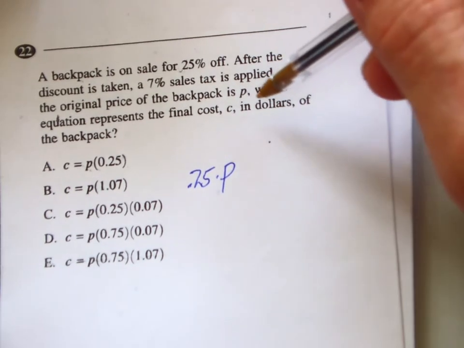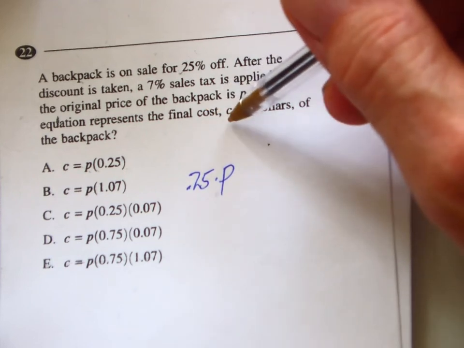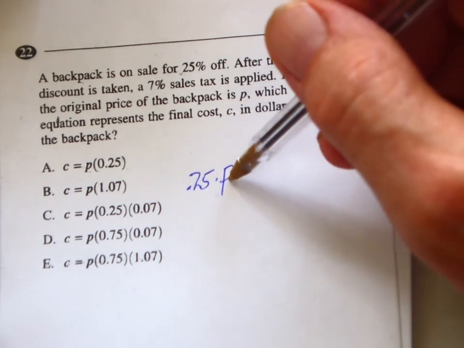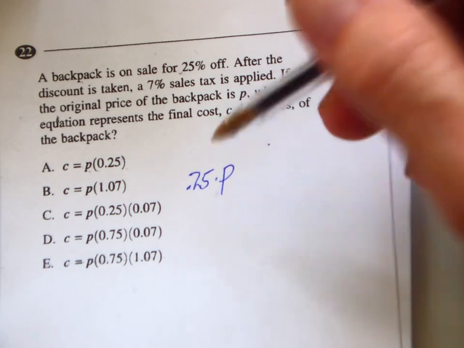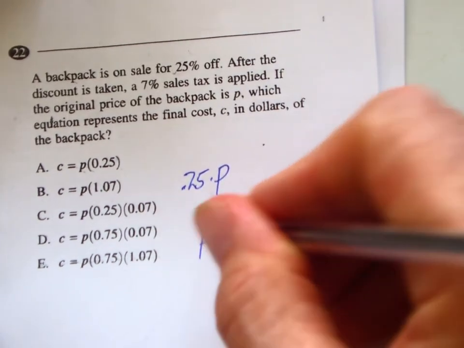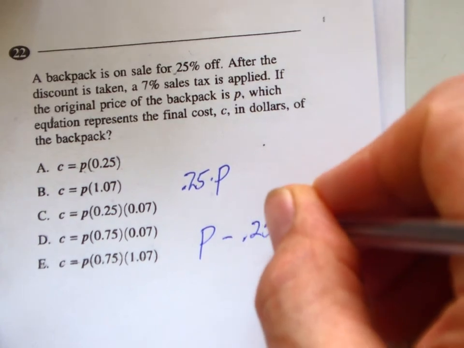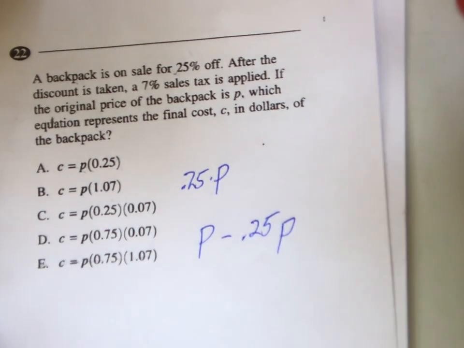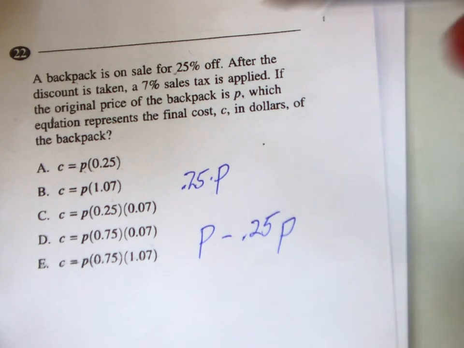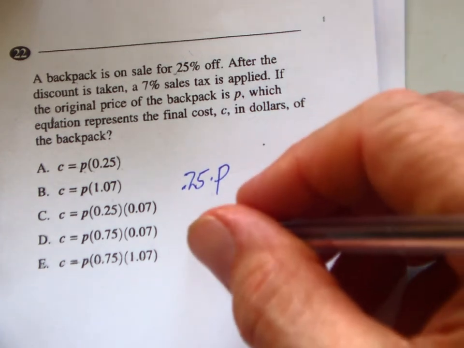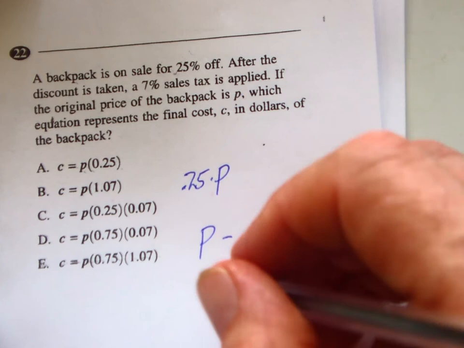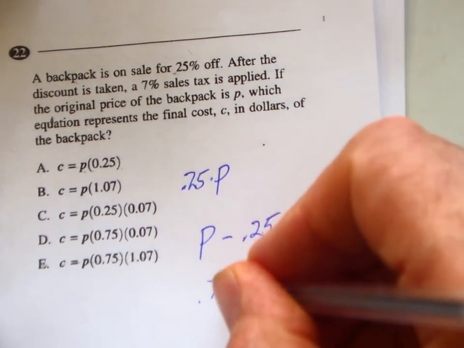But we want to know what the price is going to be, the final cost. So we don't want to know the discount. We want to know what the price is. So you start with P and you subtract 0.25P. We could have done this in the beginning, really. If we know 25% is off, that means the price is 75% of the original price. 1P minus 0.25P is 0.75P.